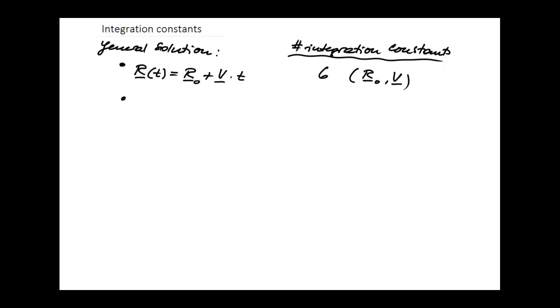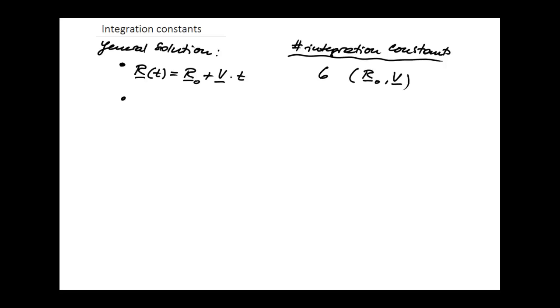Now the question is, how many parameters do we need to specify the orientation of the plane? To specify the orientation of a two-dimensional plane in a three-dimensional space, you need 2 parameters. One way you can do that is to specify the direction perpendicular to the plane. So you have to specify a vector perpendicular to the plane. The length of the vector is irrelevant, only the direction of the vector is relevant.